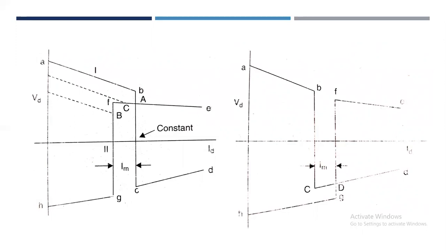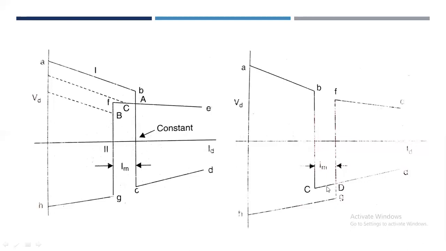The operating point now shifts to D. You can see the intersection earlier was point A, and here it becomes point D, which implies power reversal. This is the first station characteristic and this is the second station characteristic.